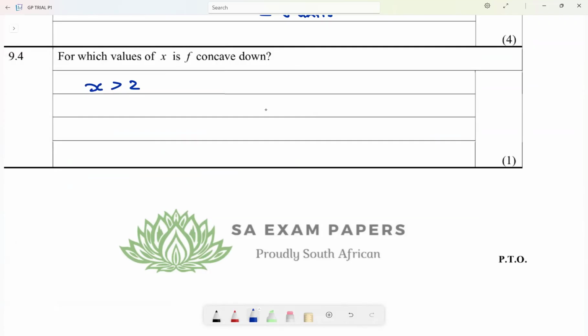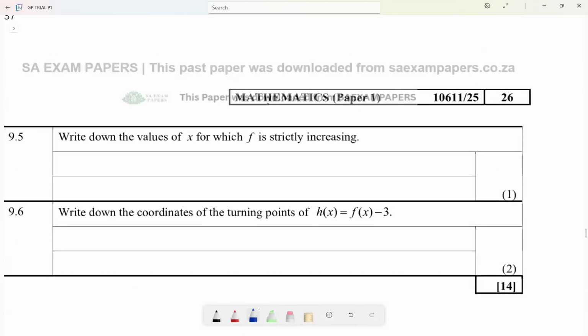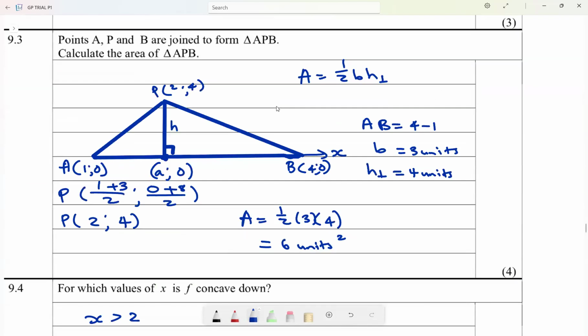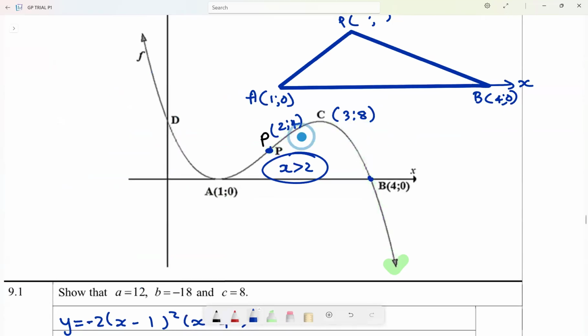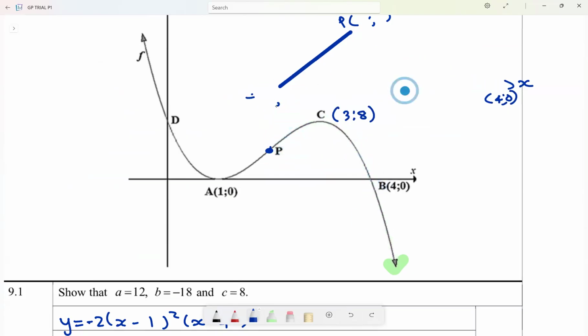Okay. And then, write down the values of x for which f is strictly increasing. Where is f strictly increasing? I can now remove this, I'm done with it. f is strictly increasing from this portion to that portion. But the word strictly tells you that you need to exclude the points where it is not increasing.